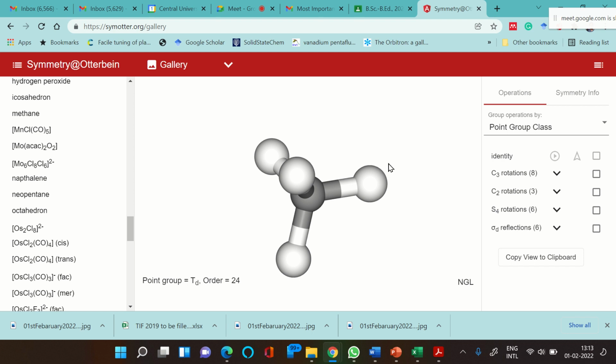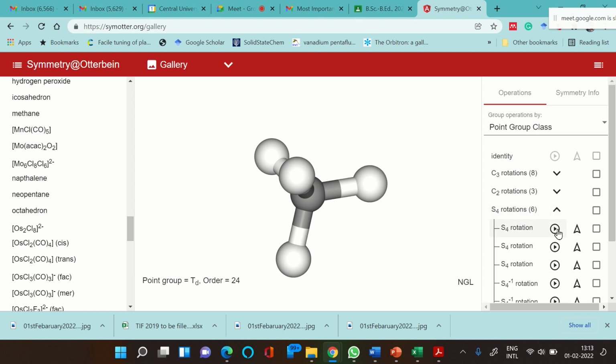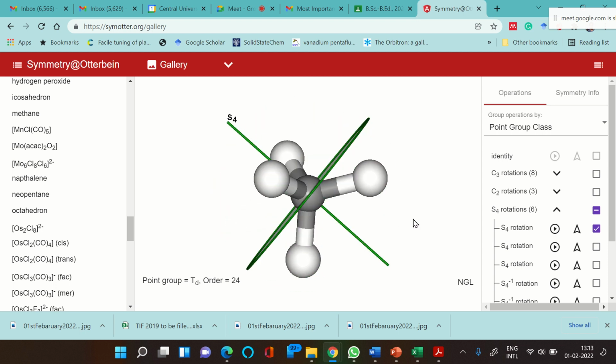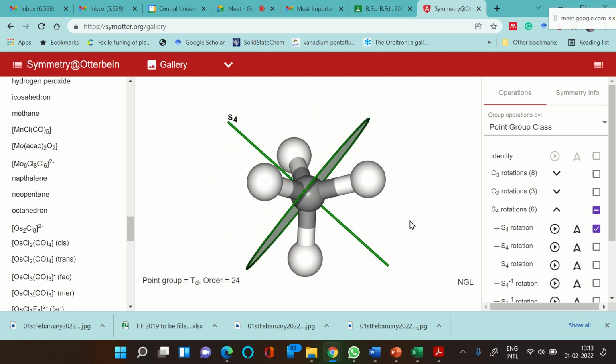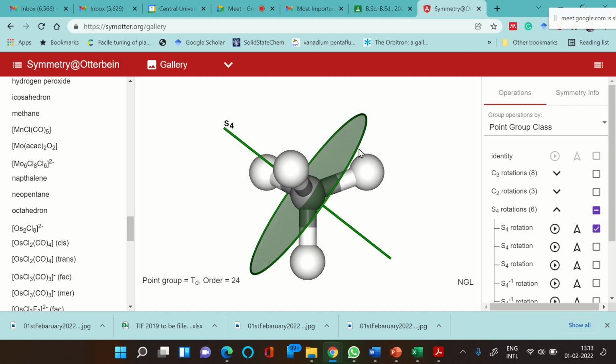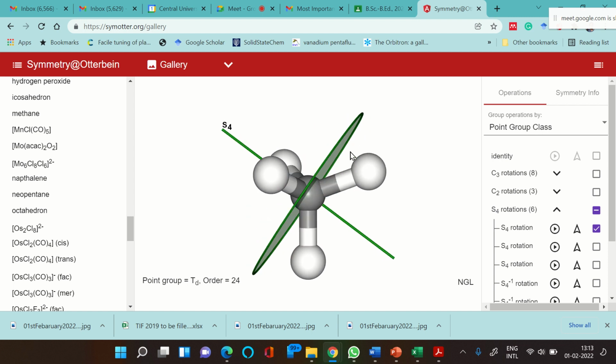There is also no σh plane. There is no horizontal plane that we can talk about in a tetrahedron like this. But the combination of the two is indeed an operation: C4 and a σ perpendicular to that.